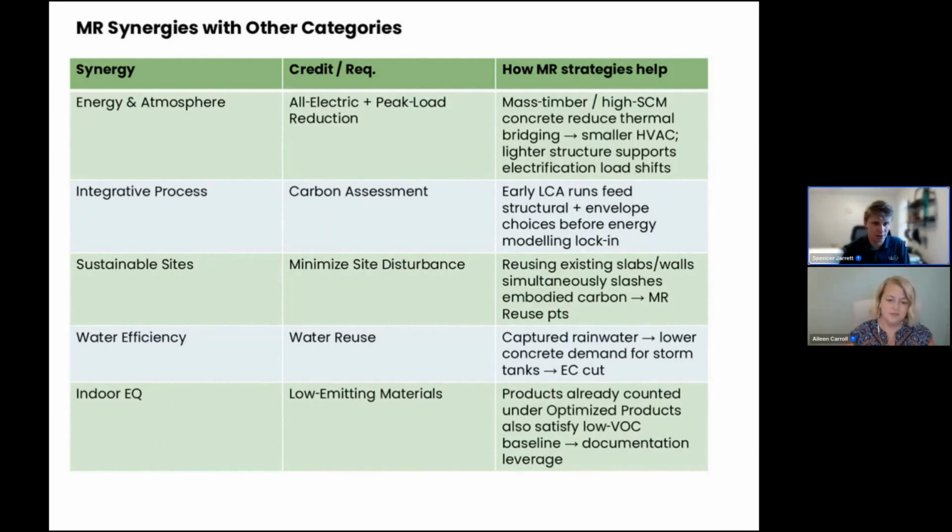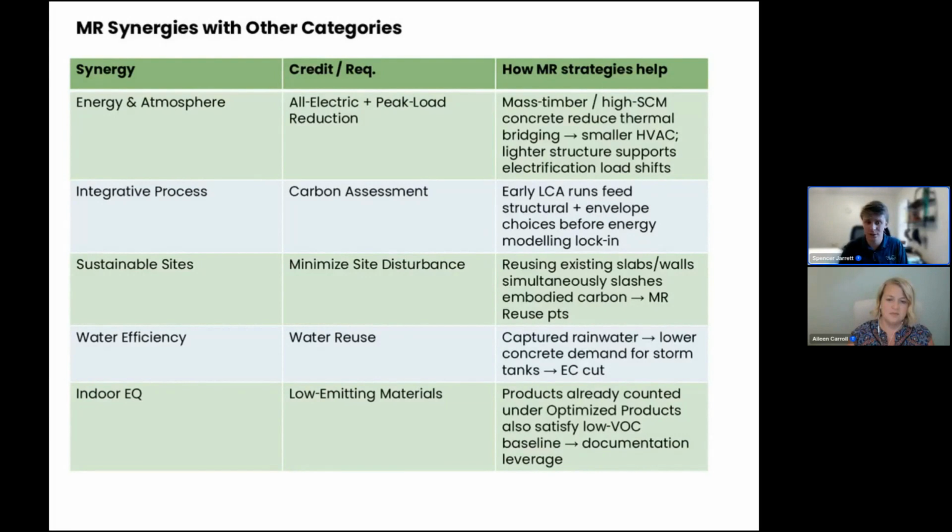And then the last two that we'll highlight here, one's the water reuse credit in the water efficiency category. So if you look at some of the details of that credit, it has to do with capturing rainwater and reducing the water demand for the site.